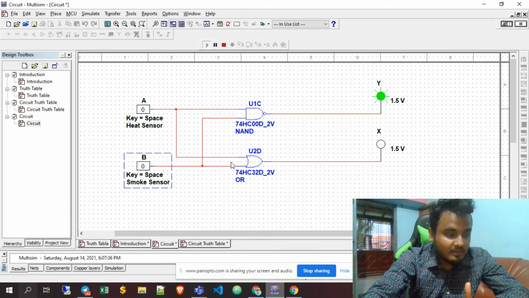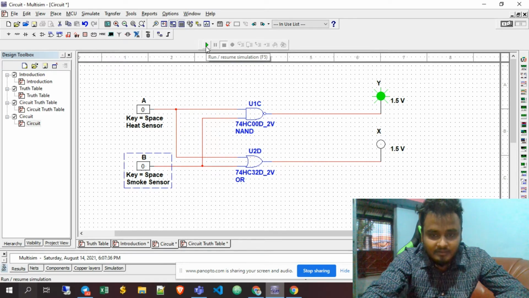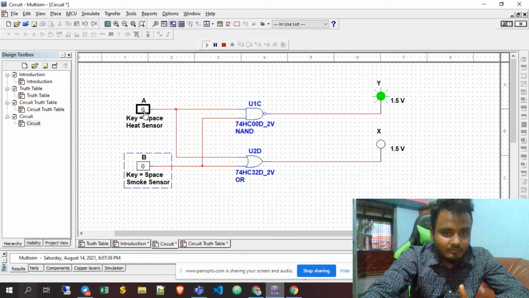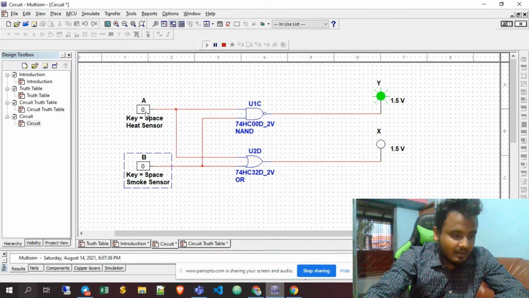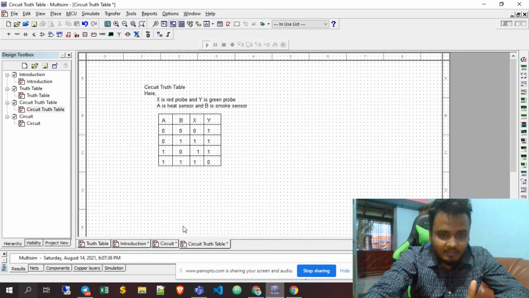Now we need to run the circuit. So here we are running the circuit. If we look at our truth table, both A and B are 0 0.